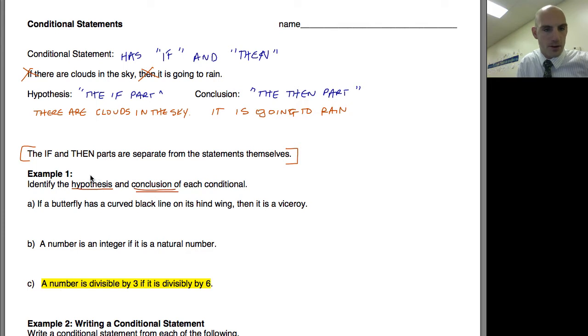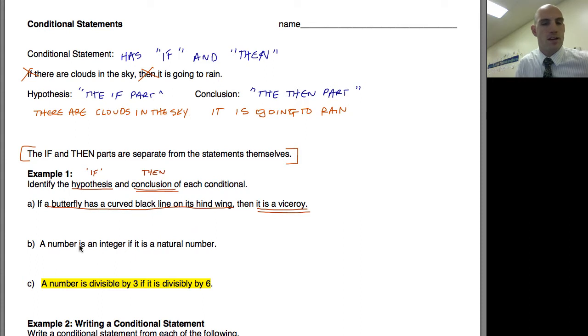So the if part, remember, and the then, not too hard, but it's not the actual if itself. So the part with one line is a butterfly has a curved black line on its hind wing. That is the hypothesis. The conclusion is it is a viceroy. So in this case, if this condition is true, then this happens.